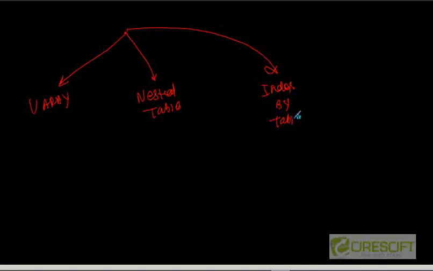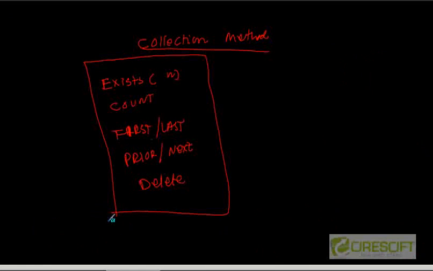So far we have seen that index by table is the most powerful and VARRAY is the least powerful. That means using index by table you can get away with everything. You don't really need VARRAY or nested table. However, one difference is that VARRAY and nested table types are also SQL data types.